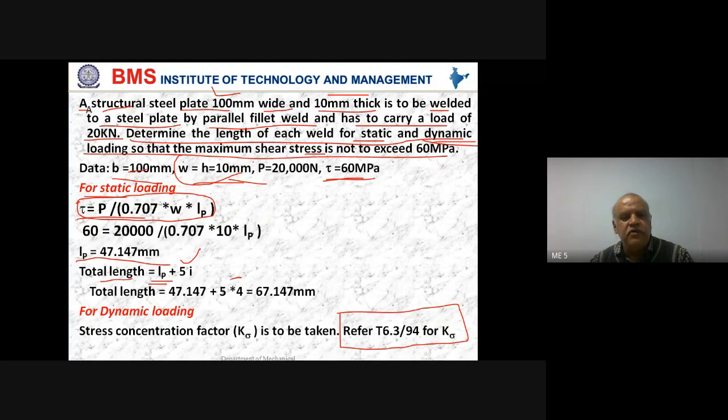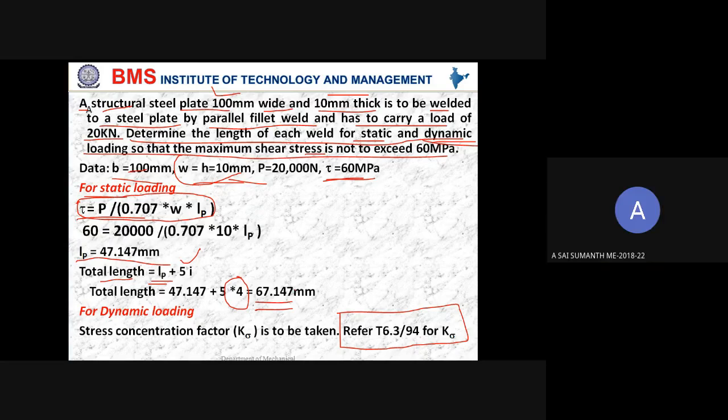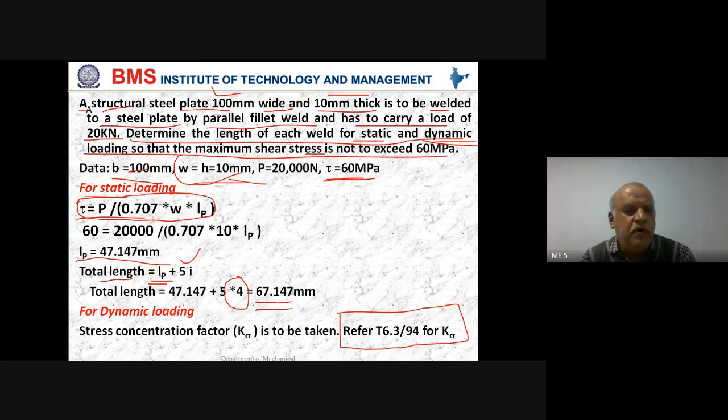For a parallel fillet weld, we have 4 free ends. Please note down up to static loading. Then we'll go to dynamic loading, because a small thing needs to be taken from the data handbook. Please note down the solution.